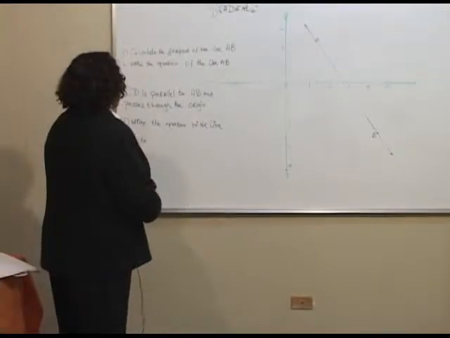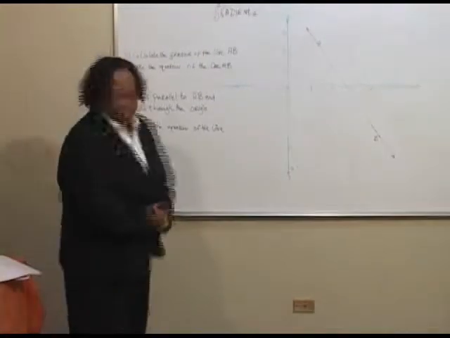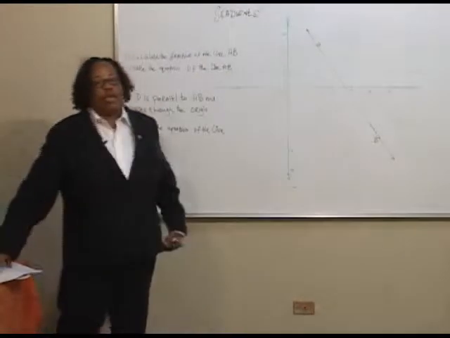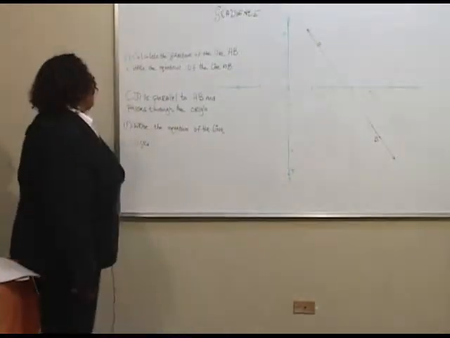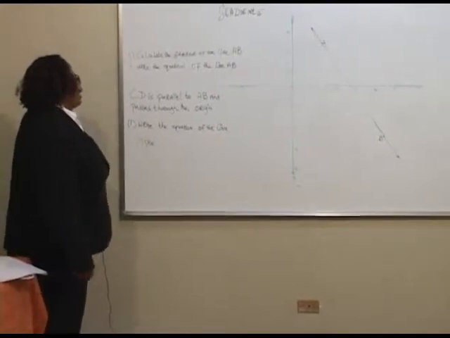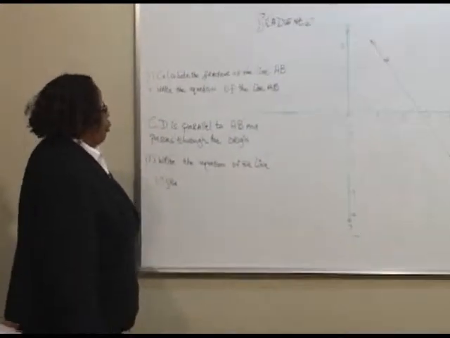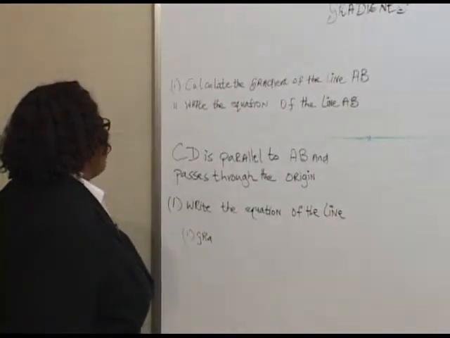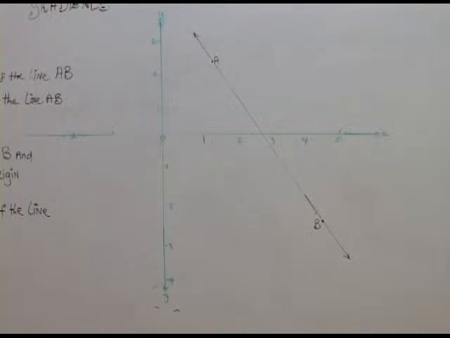Okay, now 5th formers, and this came from the CXC examination paper 2002. Question: calculate the gradient of the line AB, and I've drawn it on the board for you. Calculate the gradient of the line AB.